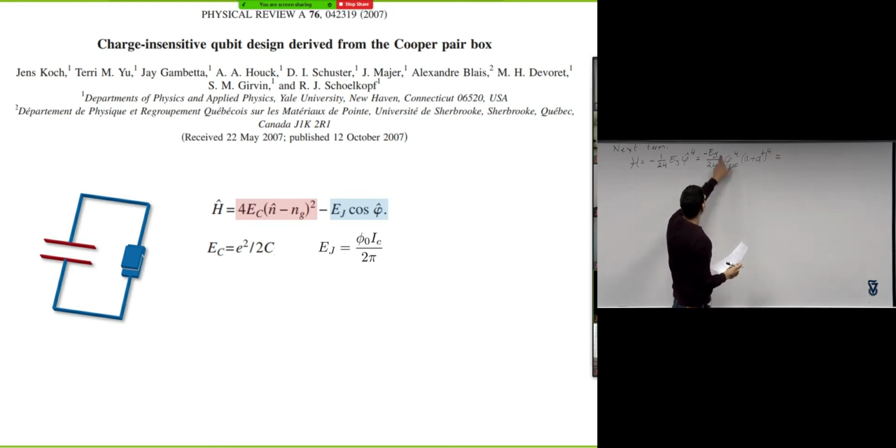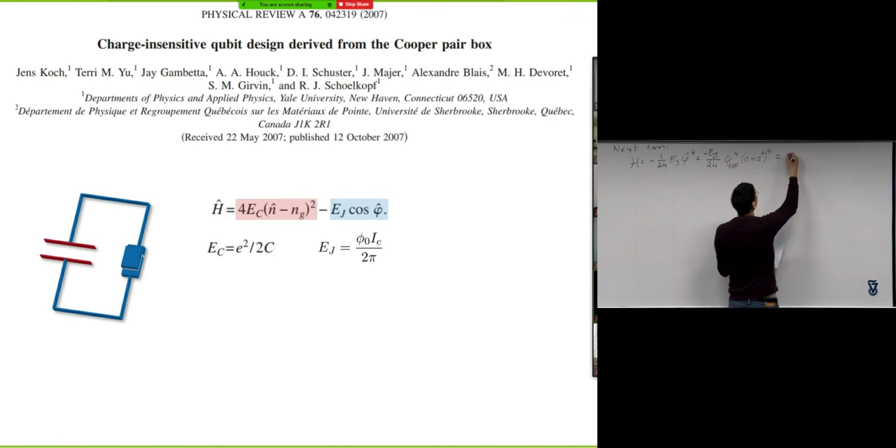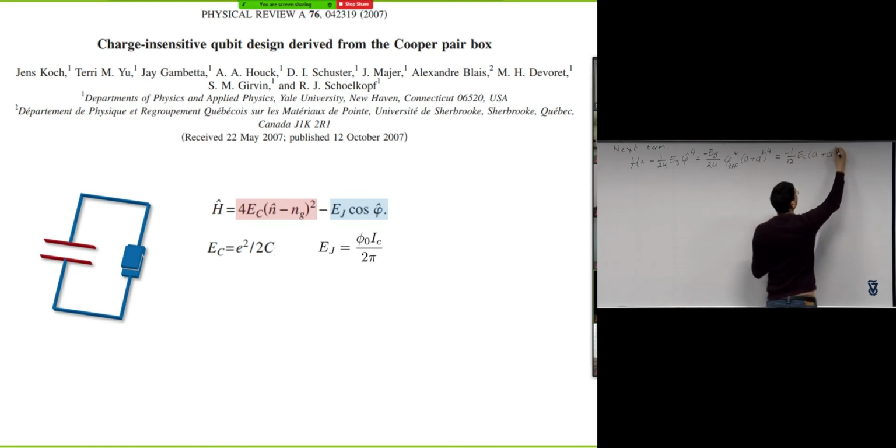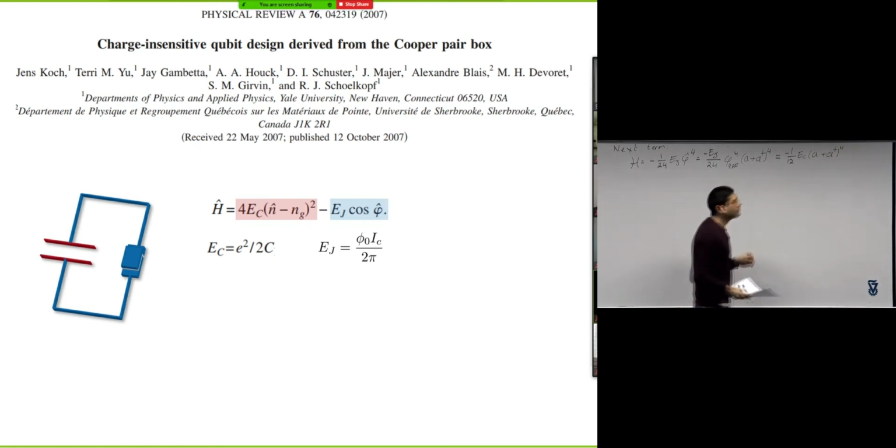And if I plug this and this in, we get minus 1 over 12 EC (A plus A dagger) to the fourth.